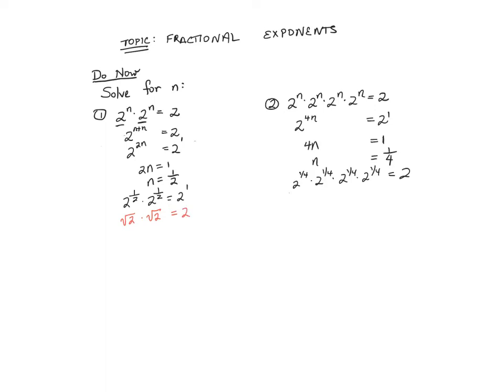And similarly, each of these is the fourth root of 2, which is equal to 2. So we know that the square root of 2 squared is 2. We talked about this in our last video. And the fourth root of 2 to the fourth is 2.